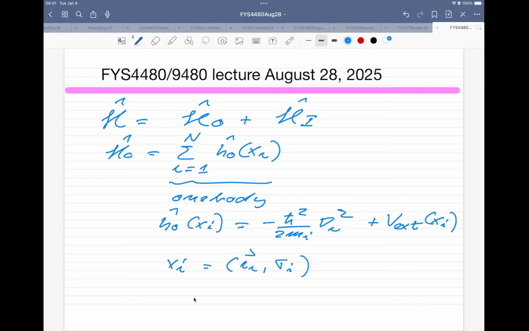So the hope then is actually that this one has a basis, which we labeled as phi_alpha_j of x_i, that this specific basis is an eigenbasis of that part of the Hamiltonian.